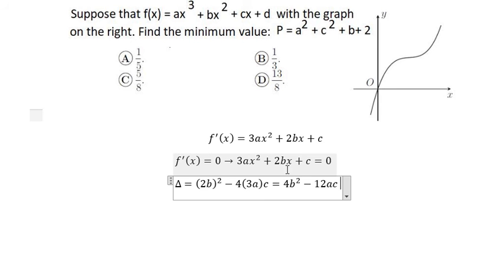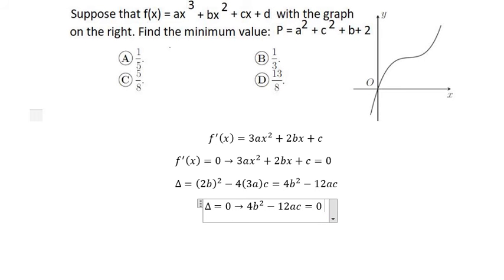For this equation to have only one solution, delta should be equal to number 0. So we have this one equals to number 0. We put 12ac on the right. We divide both sides by number 4.